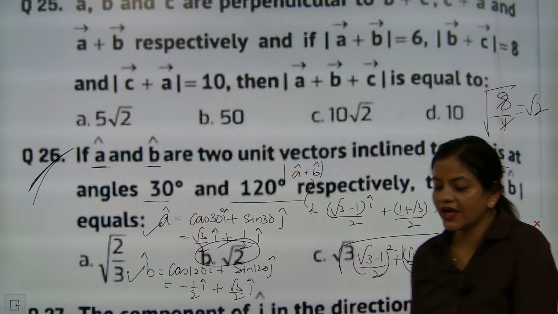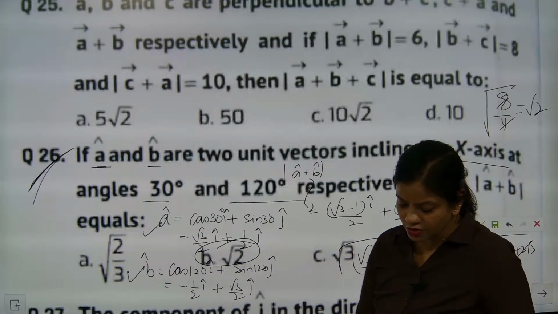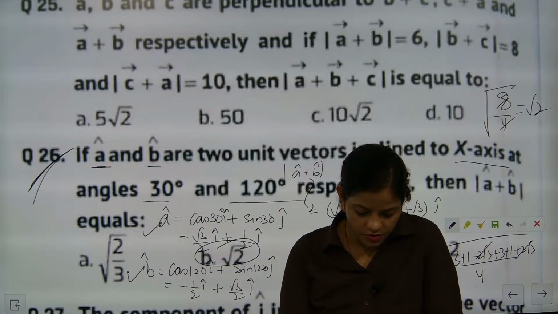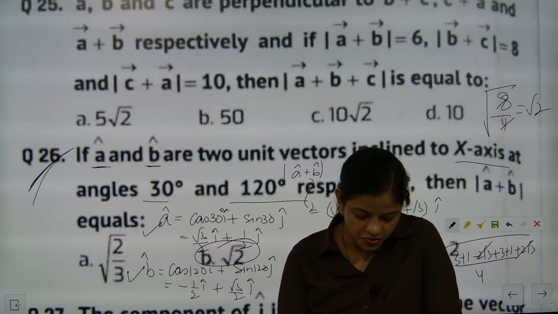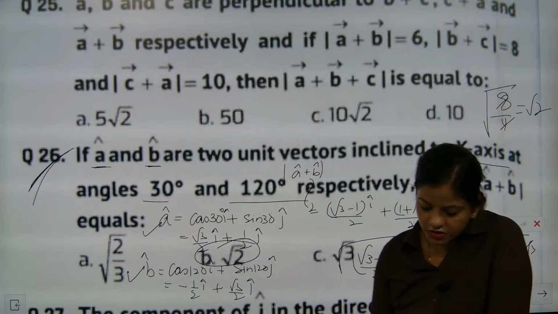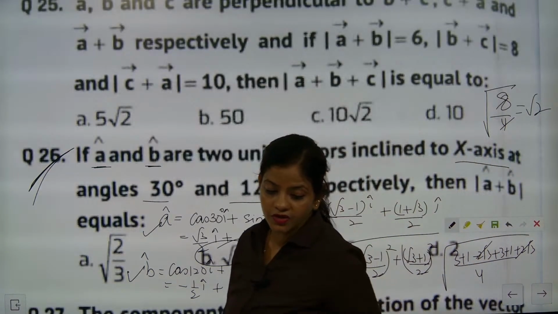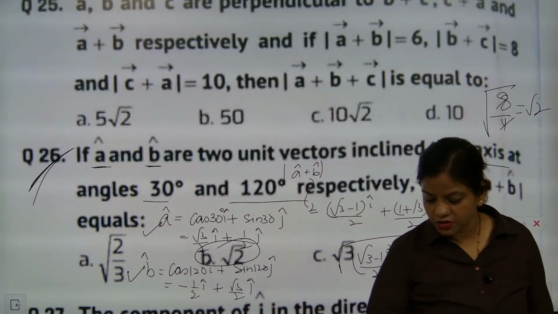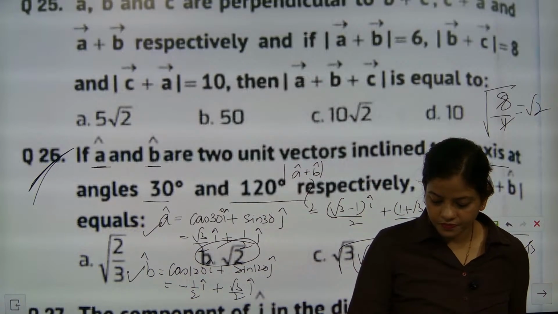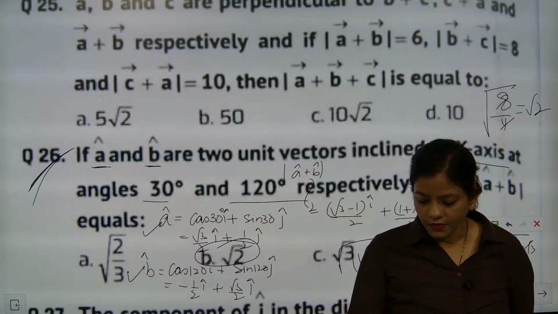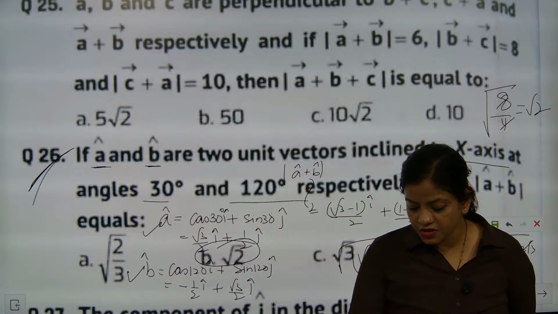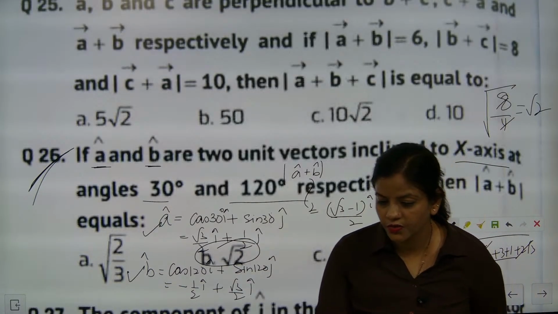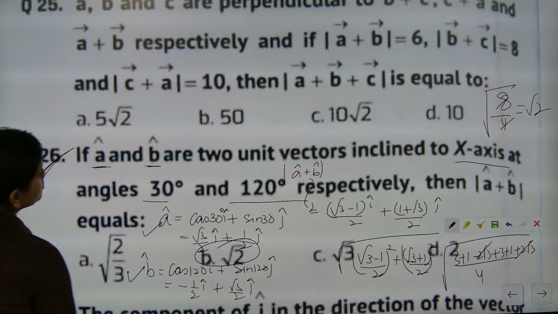Now look here, I need a space to solve this question. This is not an easy question. This question will definitely take time. Anyone who knows how to solve this question? Like this question, you must know how to attend it. And I need some space to solve the question.